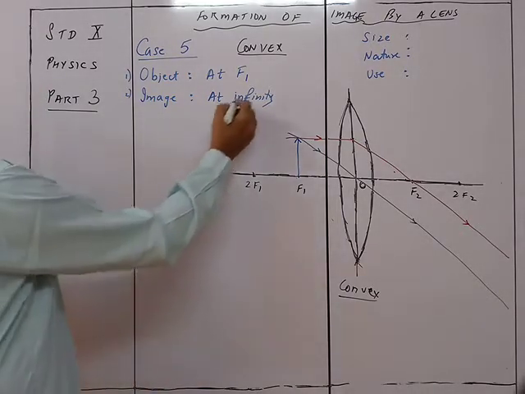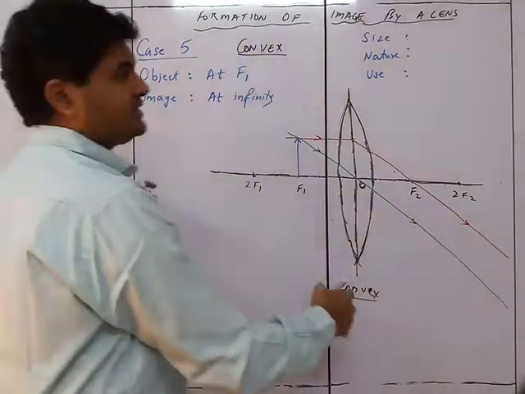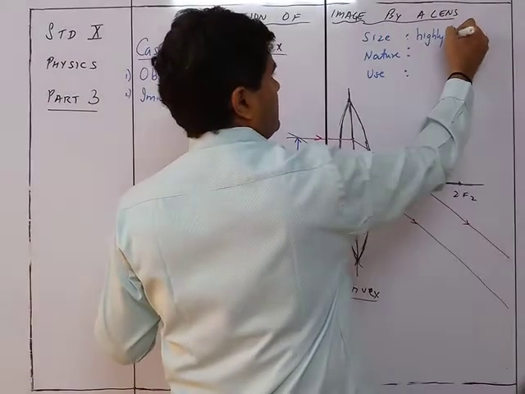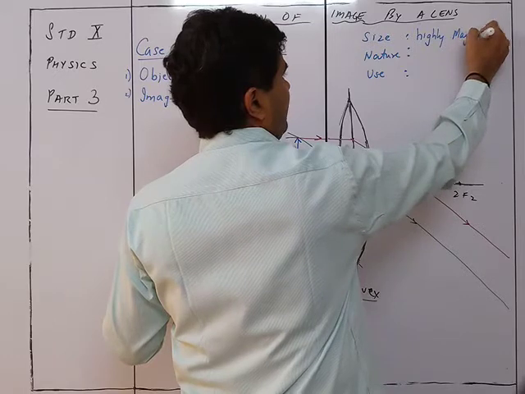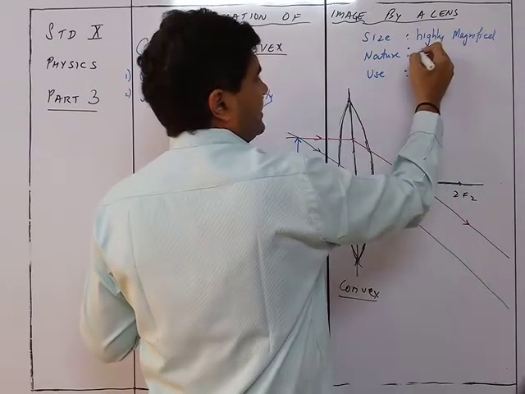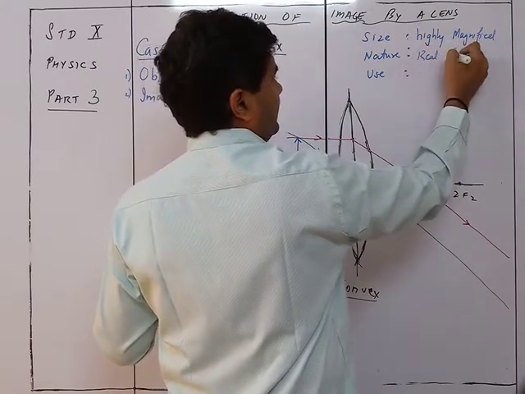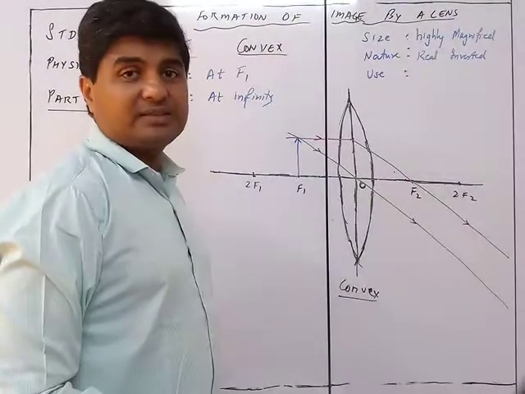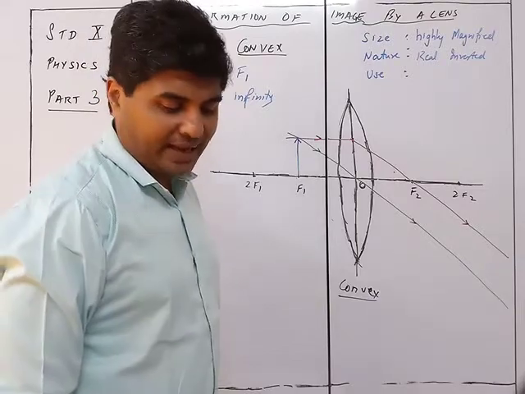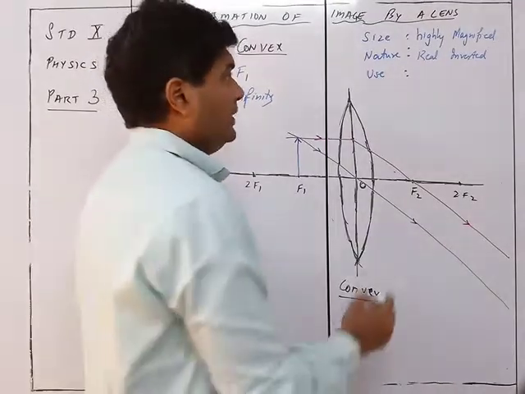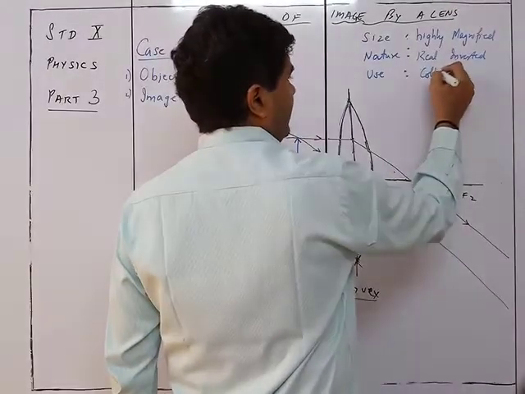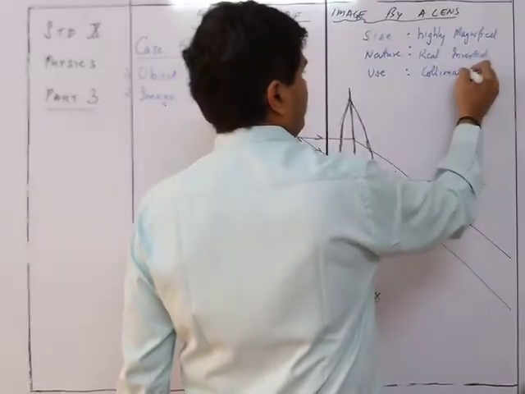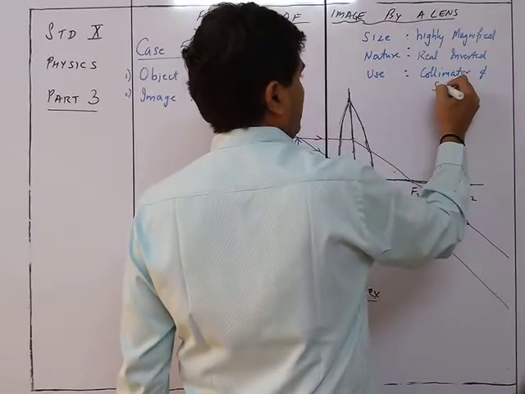Okay, image will be formed at infinity. The size will be highly magnified. Nature again real and inverted. And the use of this is a special device called the collimator of a spectrometer.